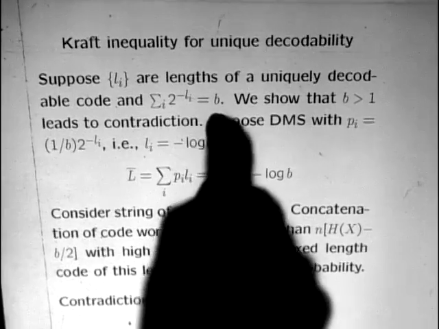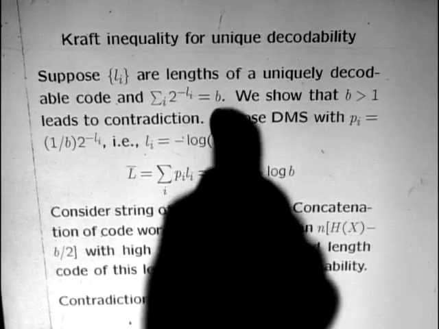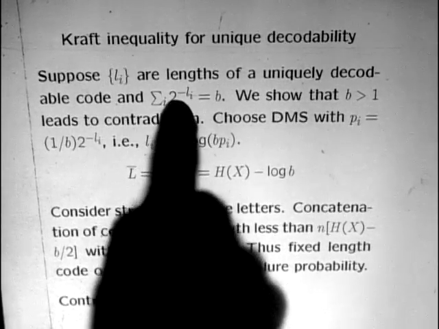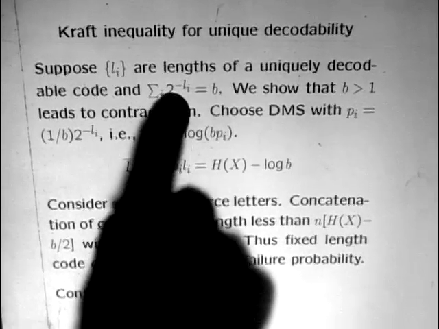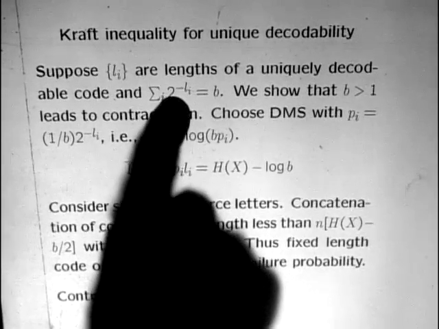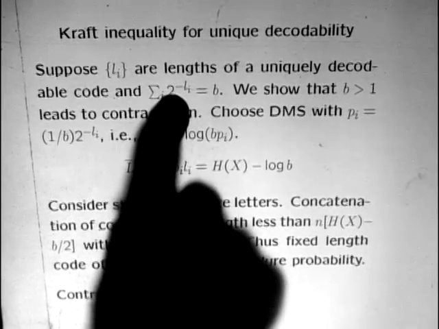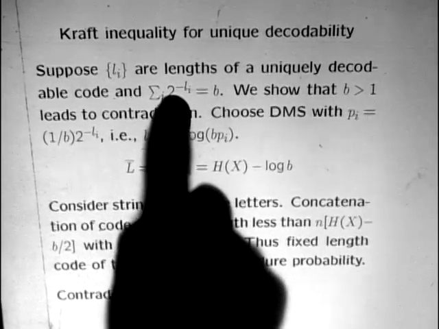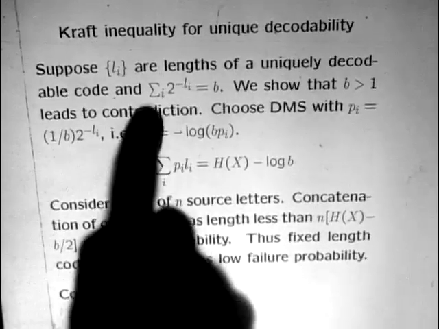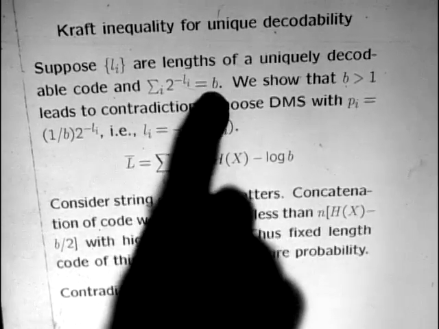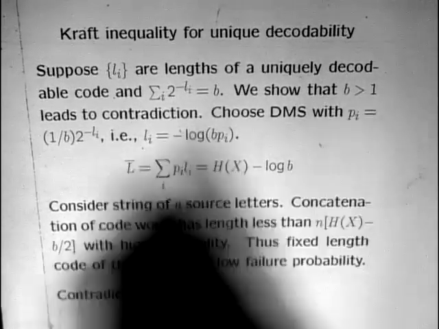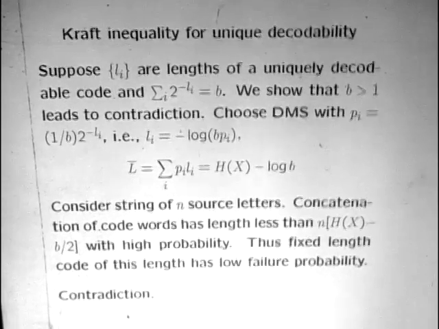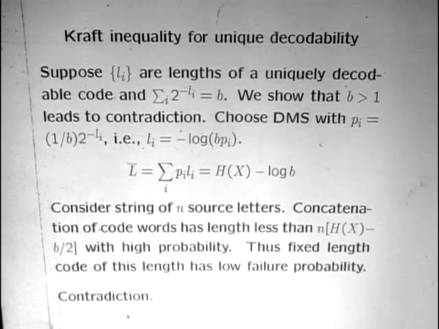In other words, suppose we beat the Kraft inequality. Suppose we can make the lengths even shorter than Kraft says we can make them. Well, you know, he was only a graduate student, so we ought to be able to beat his inequality somehow. Okay, so we're going to try to make this equal to b. We're going to assume that b is greater than 1. And then what we're going to do is to show that we get a contradiction here.